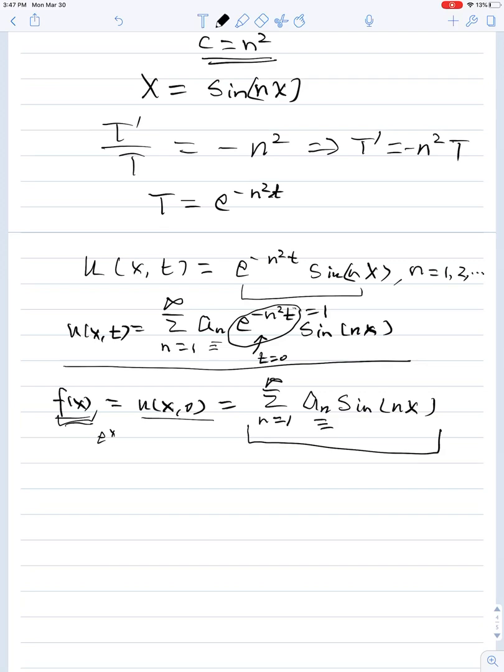The ingenious idea of Fourier is that for any arbitrary function satisfying some condition, which we are going to talk about later, you can express f(x) as an infinite sum of trig functions, and this infinite series is what we call the Fourier sine series.